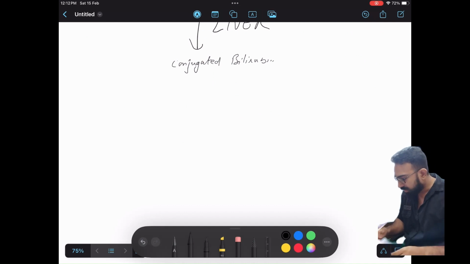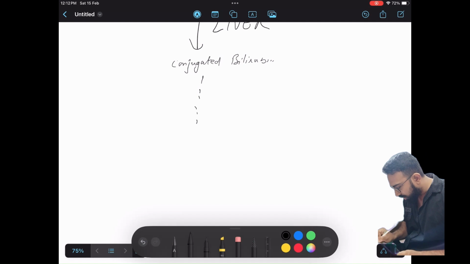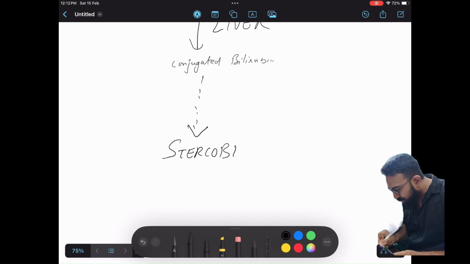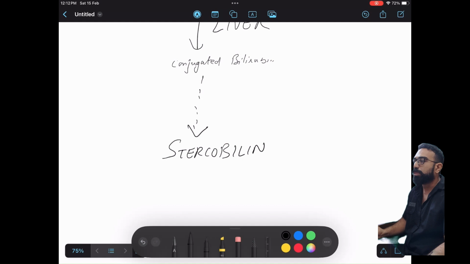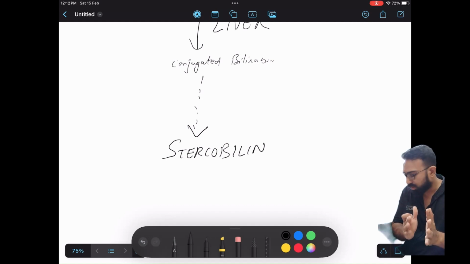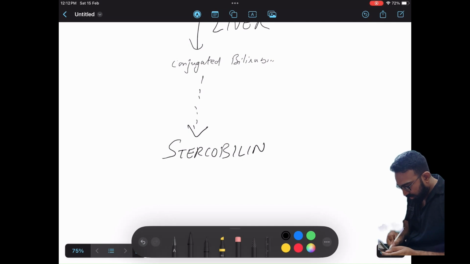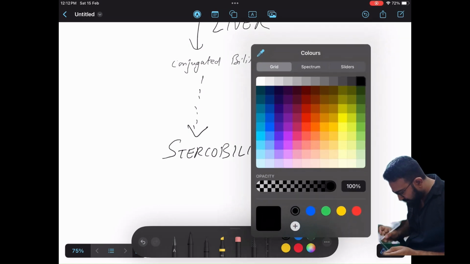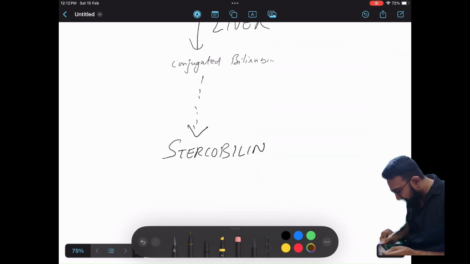In the intestines, it ultimately gets broken down into a product called stercobilin. Stercobilin is what gives the stool its particular color. The color of the poop is because of this compound stercobilin.